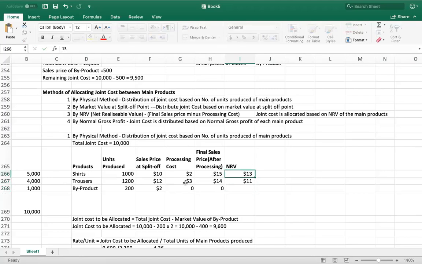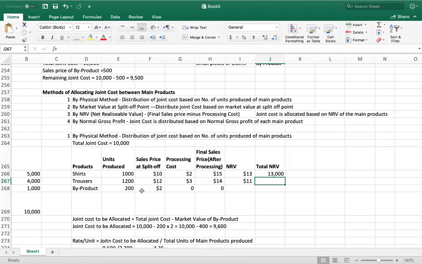Now you will calculate total NRV. How will we calculate it? This is per unit multiplied by number of units. So 1,000 multiplied by 13 is equal to 13,000.